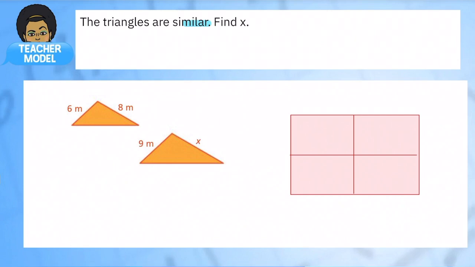I'm going to do the same type of figure. I'm going to do small to large. I know 6 corresponds with 9.